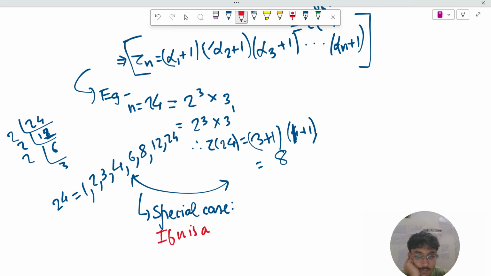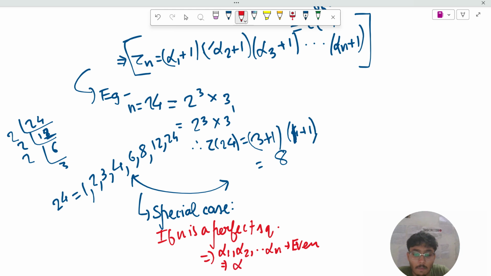If n is a perfect square, that means my alpha 1, alpha 2 all the way till alpha n, they all are basically even numbers. It has to be even numbers.